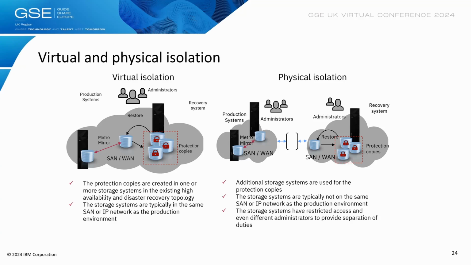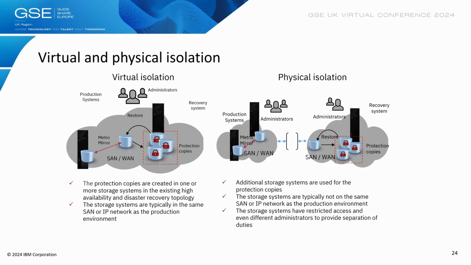In the case of GDPS Metro, that would be the GDPS Metro controlling system. In the case of GM, this would be the GM controlling system. Also, the storage subsystems are in the same network area as your production environment, because the copies are taken from the same disk subsystem.